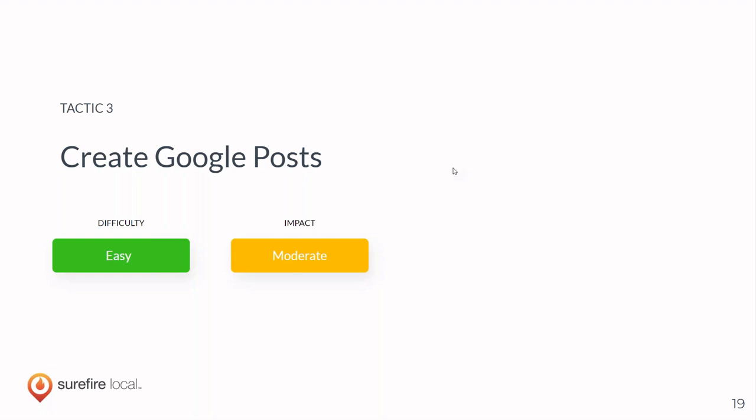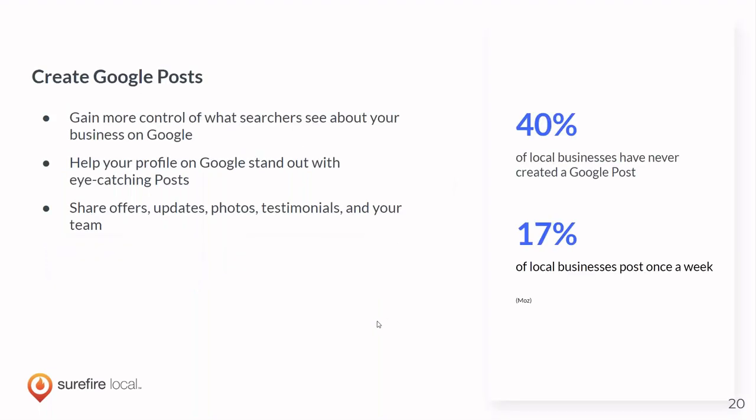Continuing with the topic of what you can do with Google, create Google posts. Easy to do with a moderate impact. By feeding Google posts to your Google Business Profile, you gain more control of what searchers see about your business on Google. You help your profile stand out with eye-catching posts. You share your offers, your updates, your photos, your testimonials, and even showcase members of your team and how you're impacting your local community.